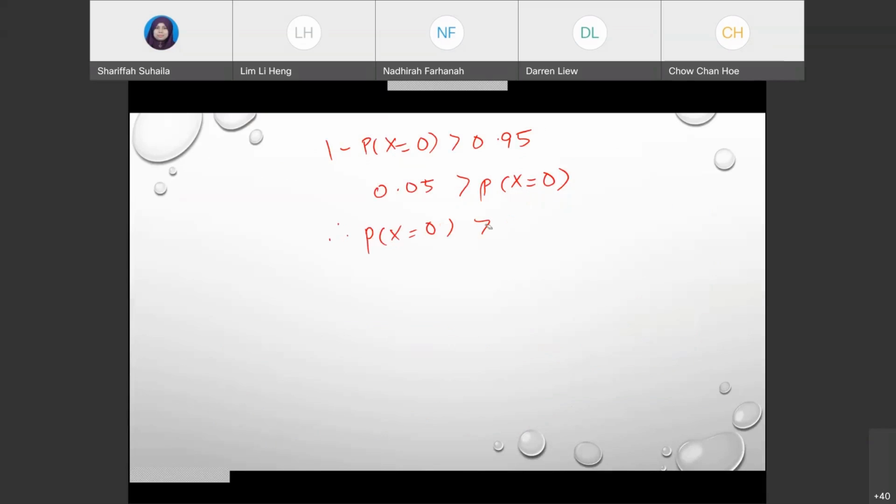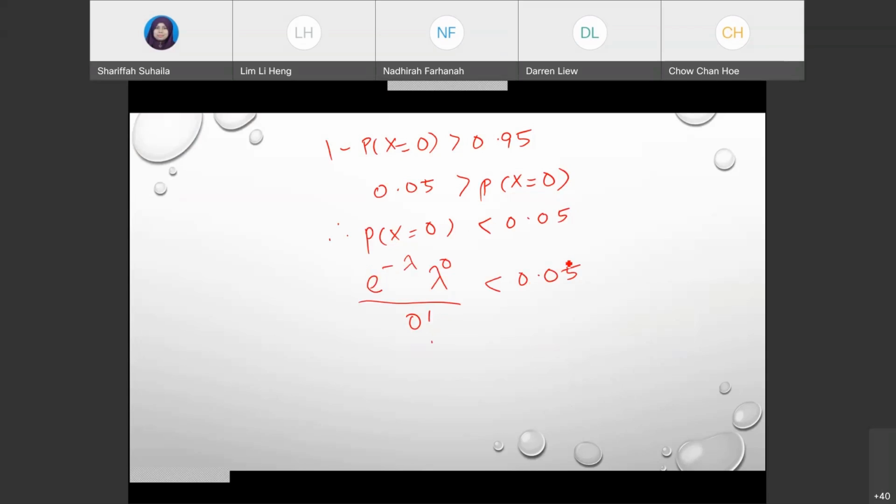Probability x equals to 0 less than 0.05. So that's mean you will have exponential negative lambda. Okay, that's mean you need to find what is your lambda first. Lambda to the power 0 divided by 0 factorial less than 0.05.